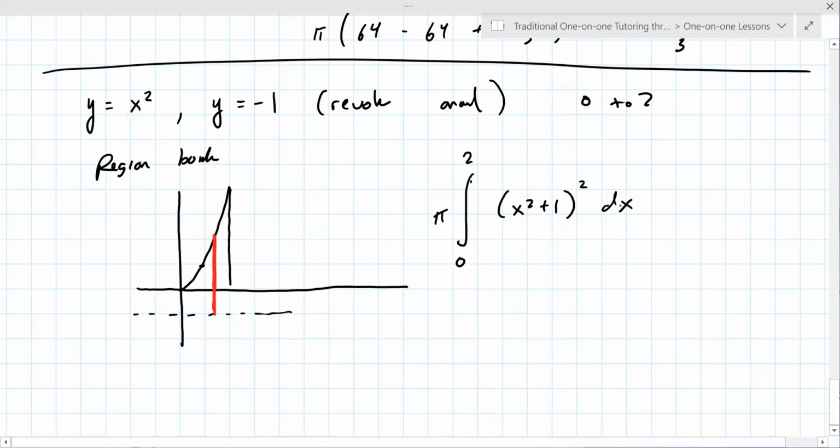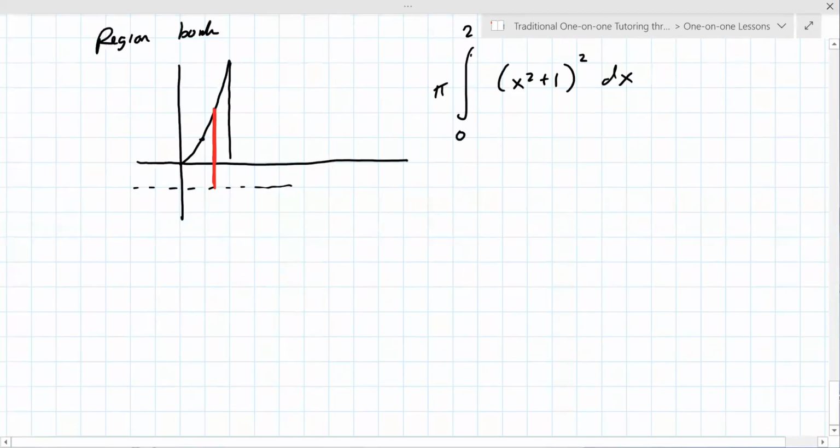So you FOIL that, right? 1 times x squared is x squared. First, outside, inside, last. Squared plus x squared plus 1.